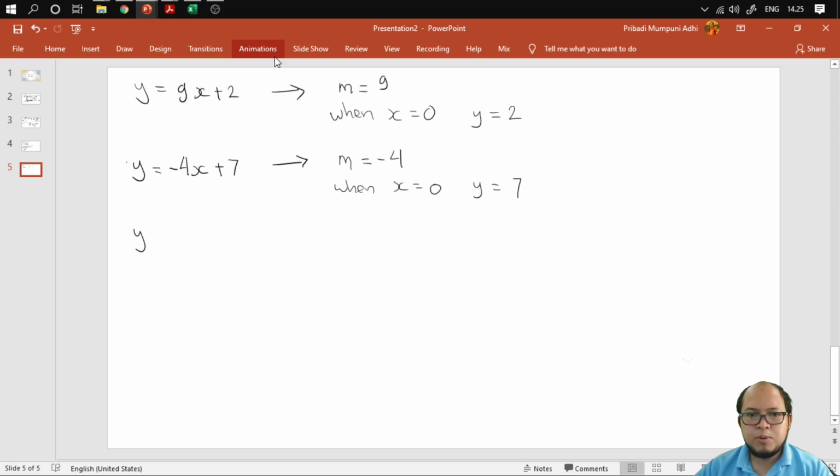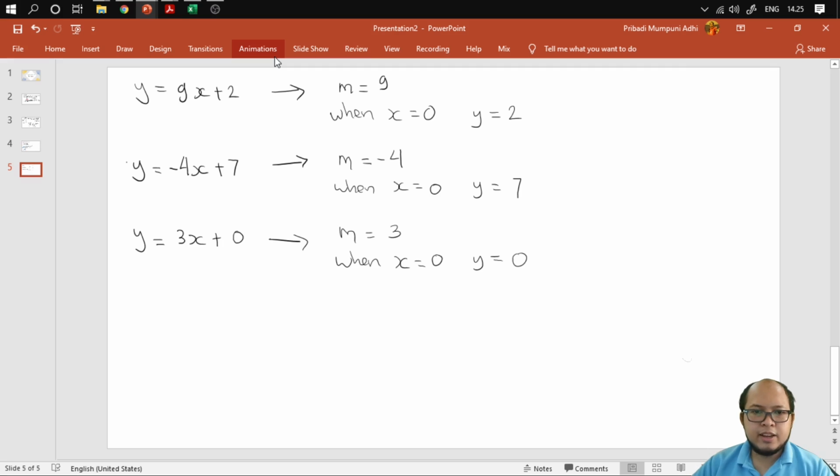Next one is y equals 3x plus 0. It means the gradient is 3, and when x equals 0, y equals 0.